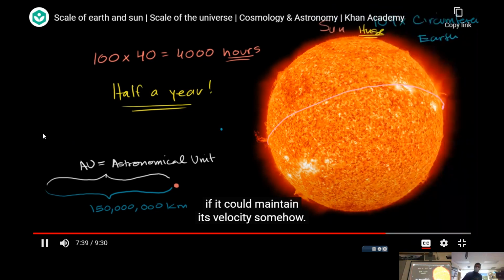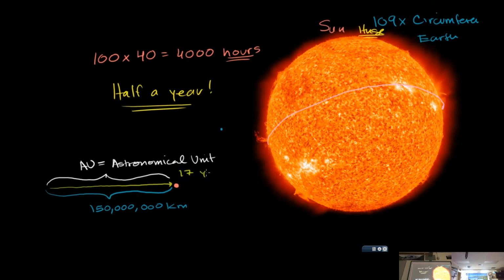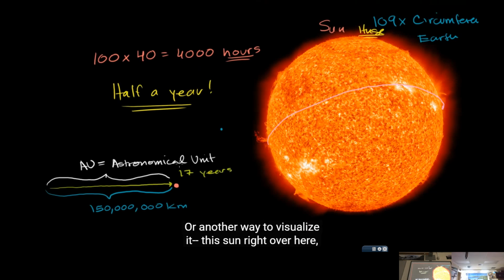So this would take a bullet or a jet plane 17 years to get to the sun.